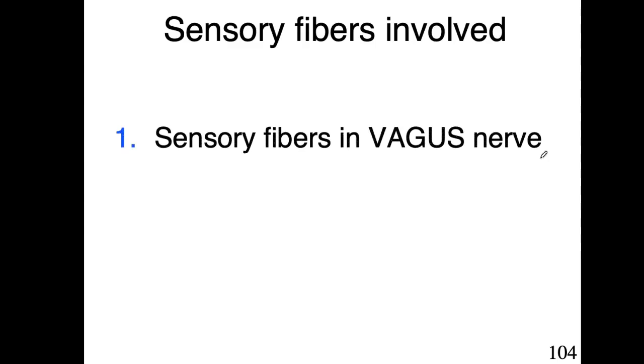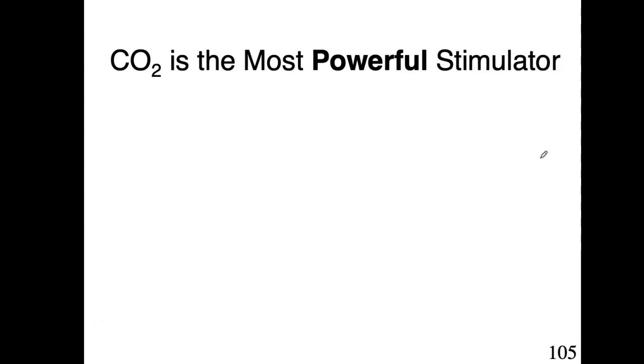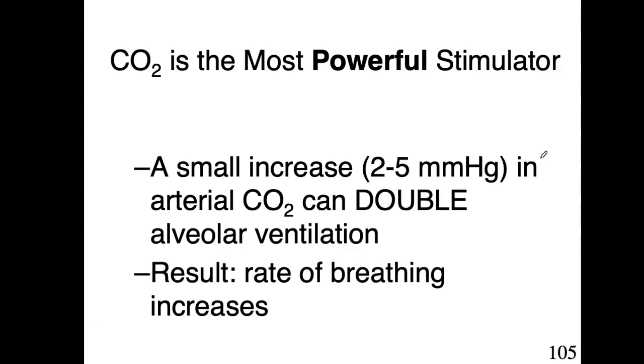There are sensory fibers involved, and these fibers are in the vagus nerve and also in the glossopharyngeal nerve. Remember these from anatomy? And they will feed into the brain, giving that signal of carbon dioxide too high or oxygen too low. Carbon dioxide, it turns out, is the most powerful of the stimulators.